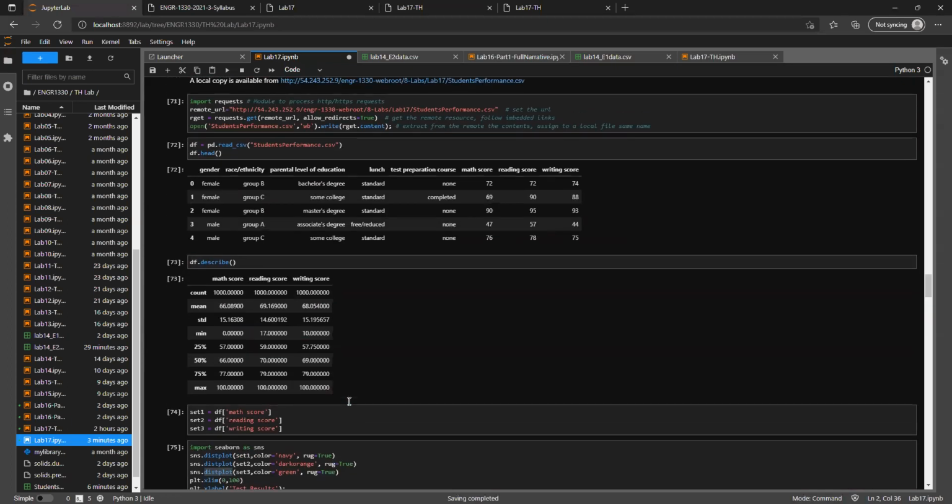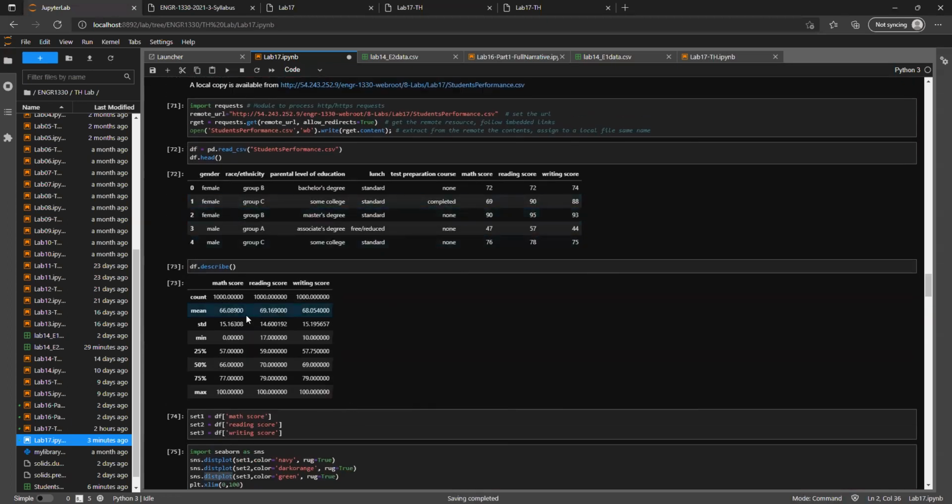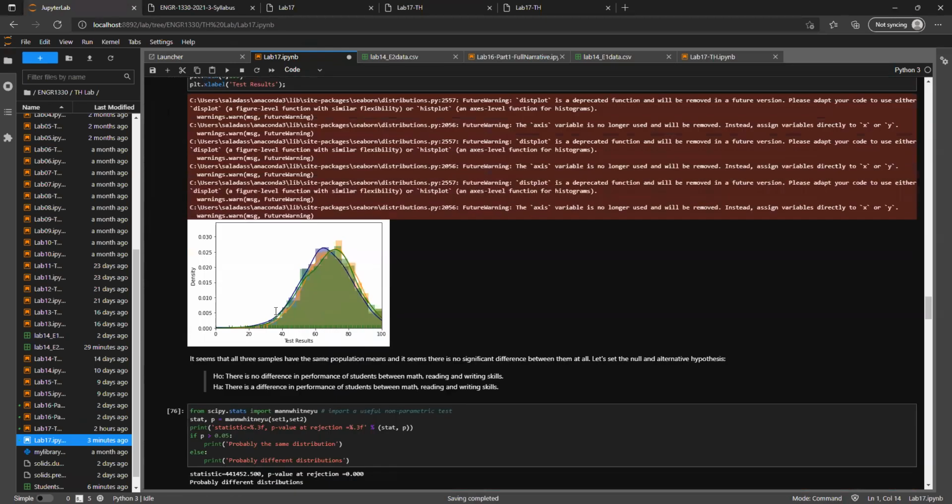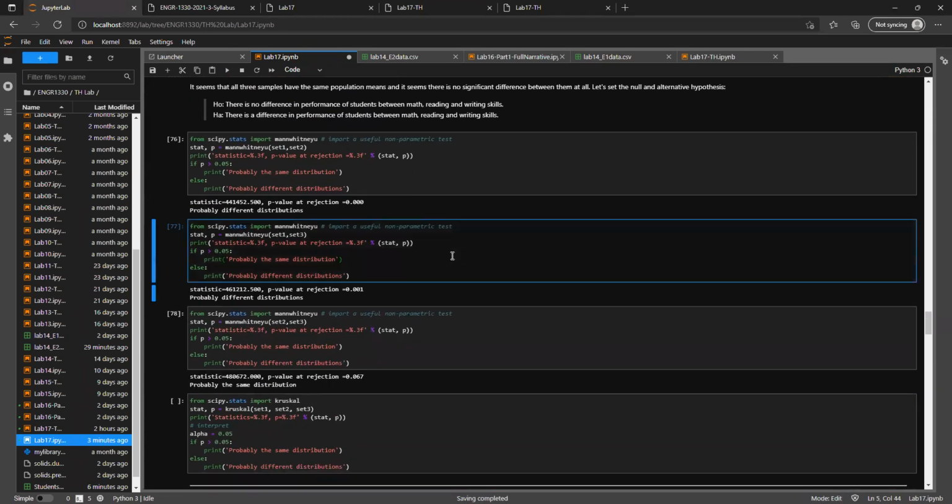So when we were looking at before, remember I was talking about the mean? 69 versus 68 is less of a difference than 69 versus 66. One way to look at that is if these two are different, then you are guaranteed that these two are different almost. And by different, I mean from a different distribution.